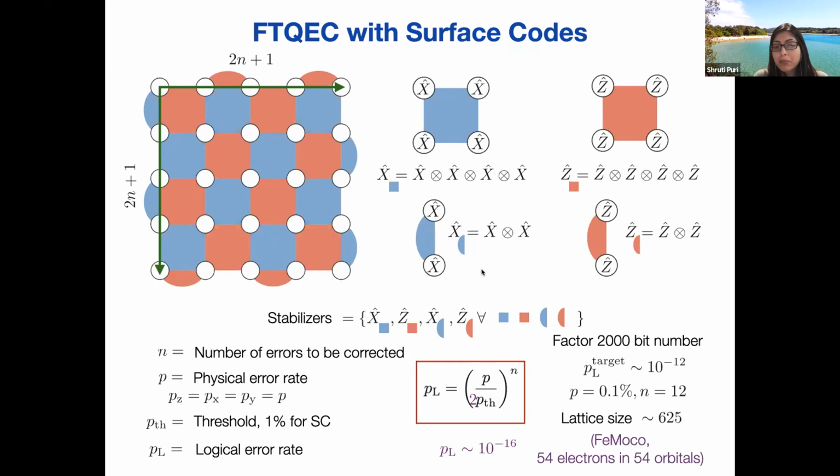So because of this exponential suppression of errors, even a factor of 2 increase in the threshold is going to buy you a lot in terms of hardware that you require to reach particular logical error rates.